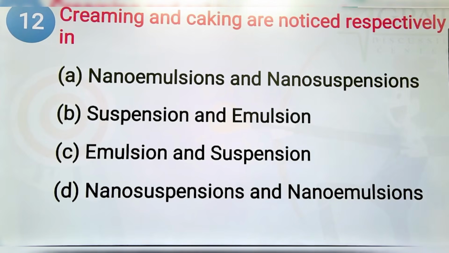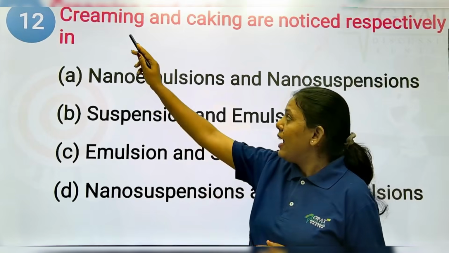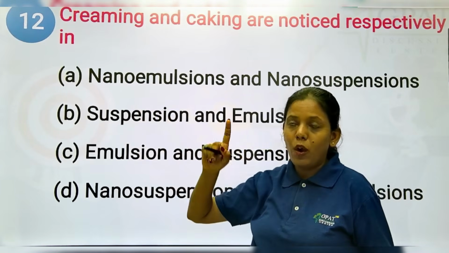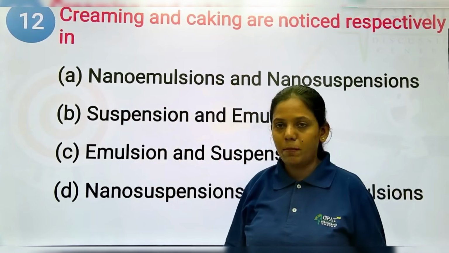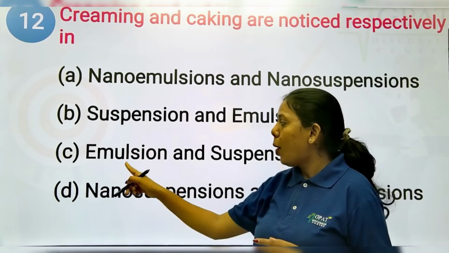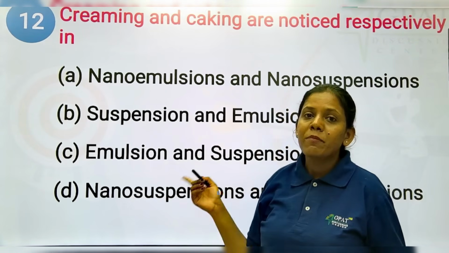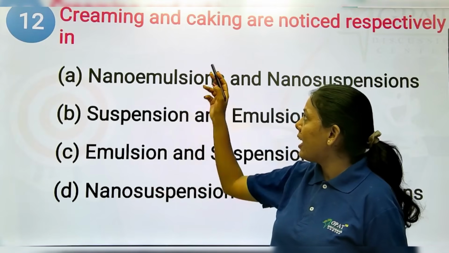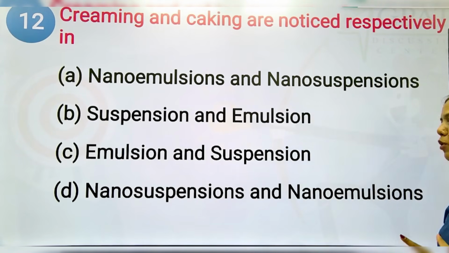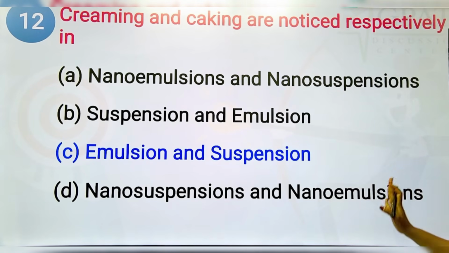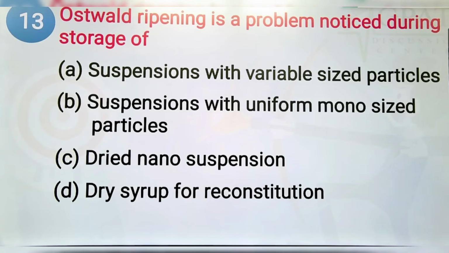Option B is suspensions and emulsions, respectively. That would mean creaming occurs in suspension? No. Creaming occurs in the emulsion and caking occurs in the suspension, so option B is not right. Option C, emulsions and suspensions, is the right answer. Option D, nano suspension, nano emulsion, is no. Option C is the right answer, emulsion and suspension respectively.